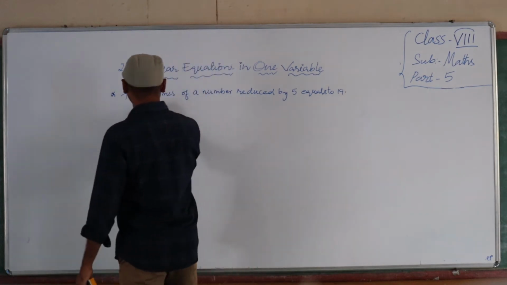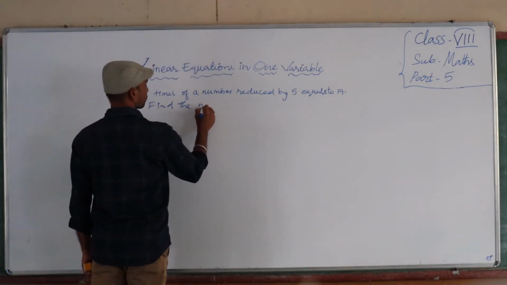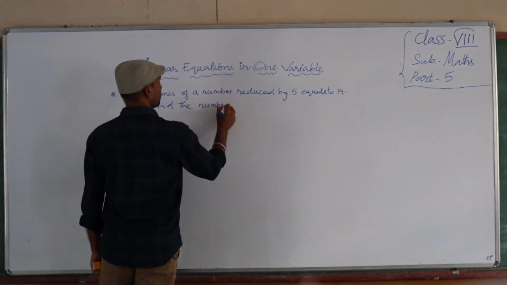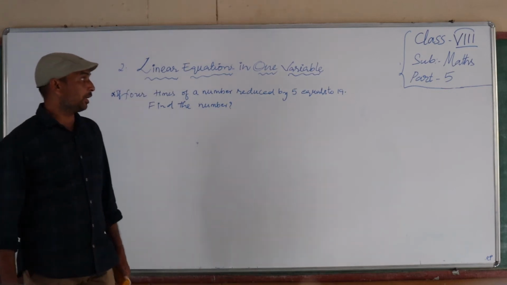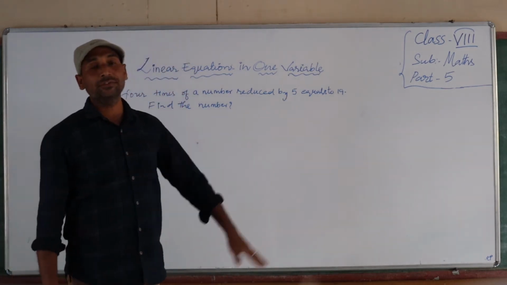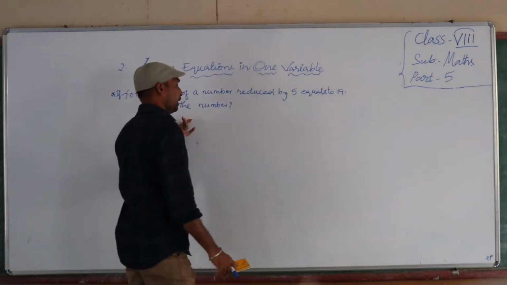So find the number. Carefully. If 4 times of a number reduced by 5 equals 19, then find the number.